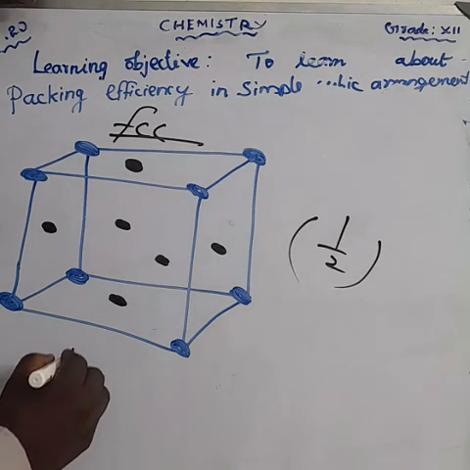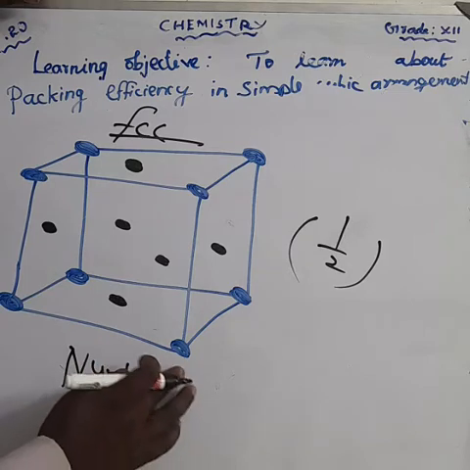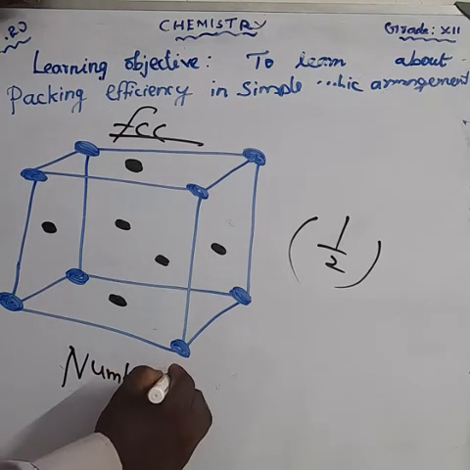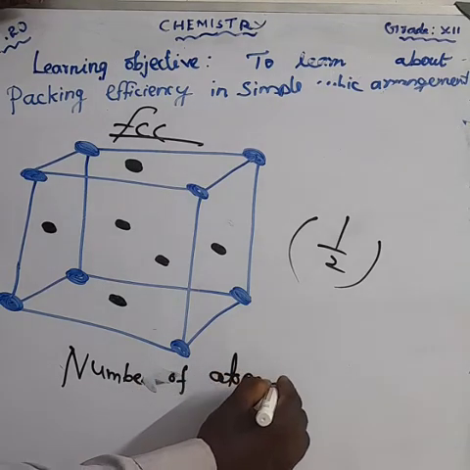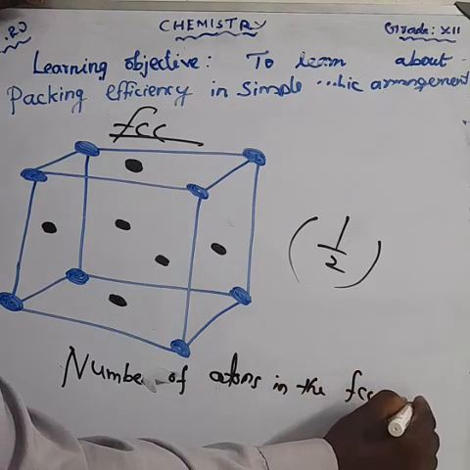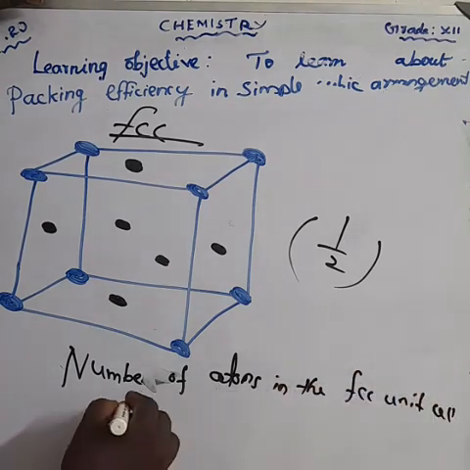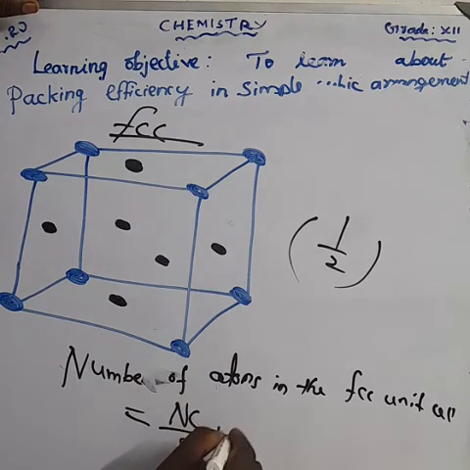The number of atoms in the FCC unit cell is equal to NC divided by 8 plus NF divided by 2.